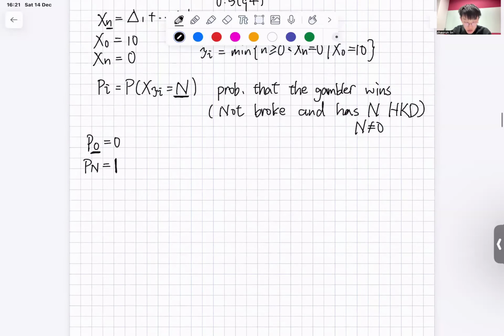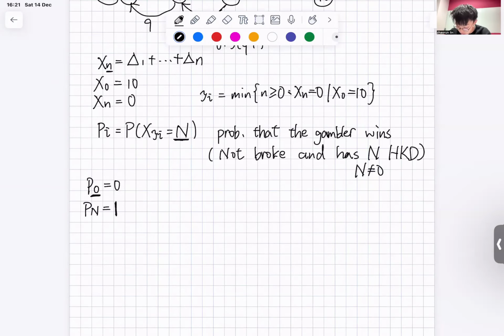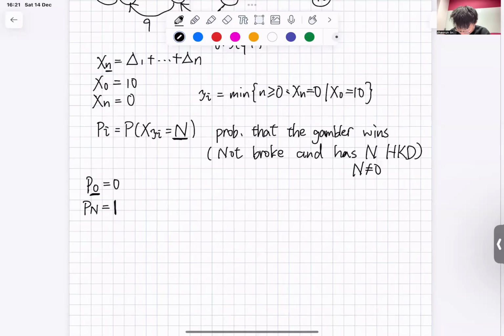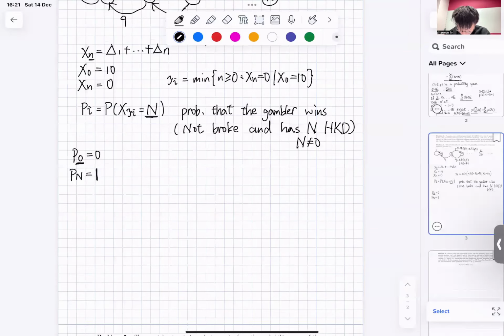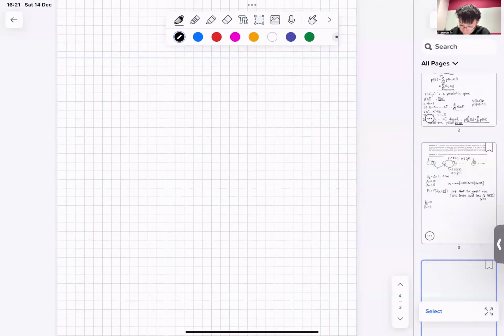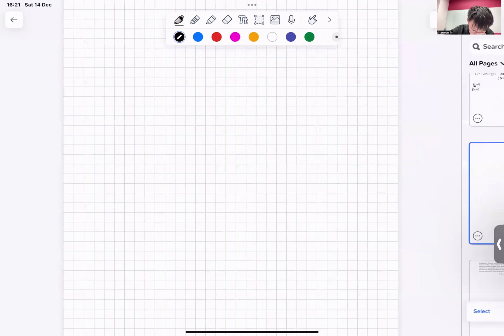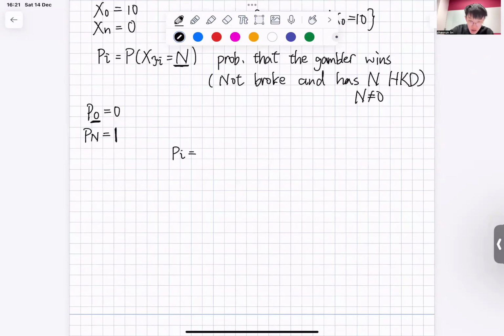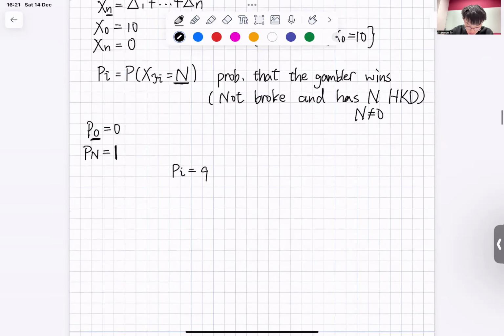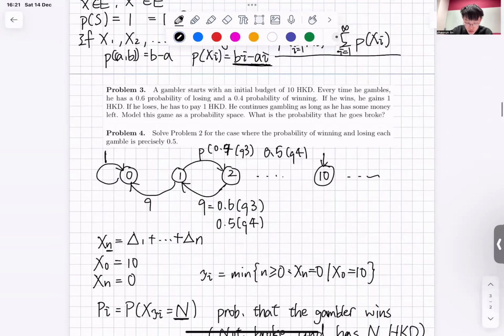Okay, so now we can use this Pi. We can see that Pi is, so Q is the probability that we lose 1 dollar.